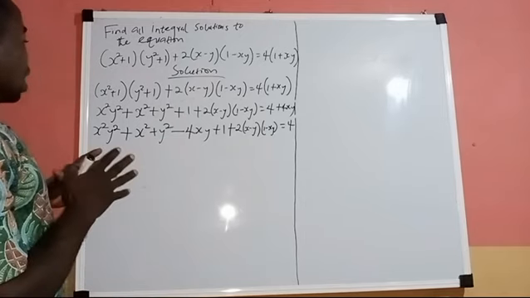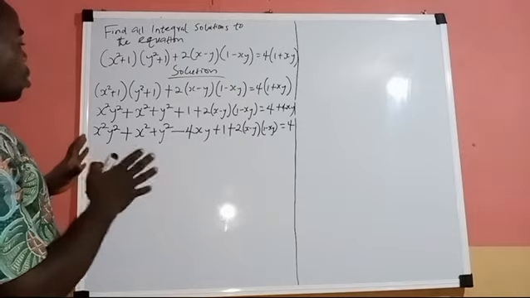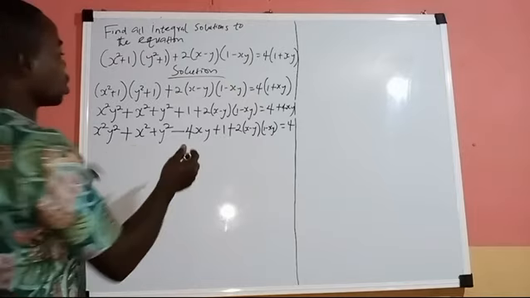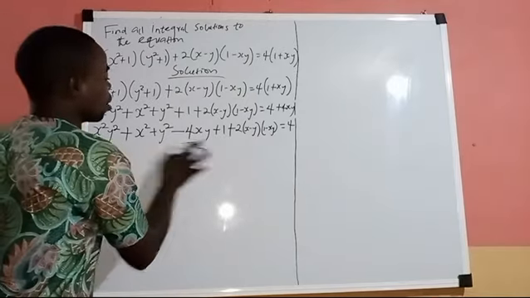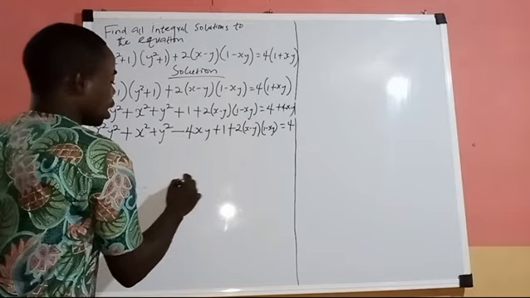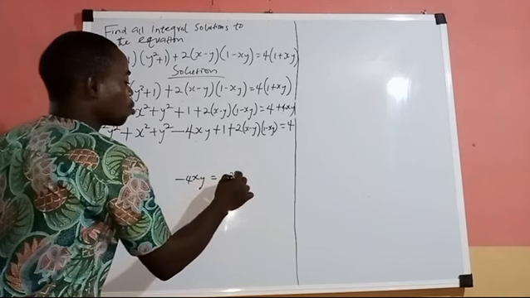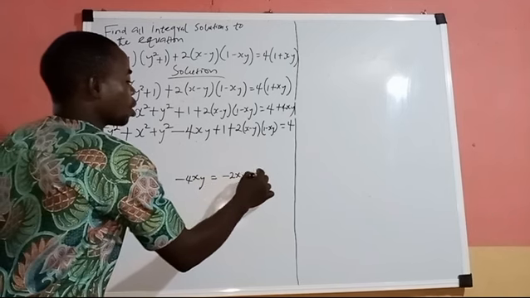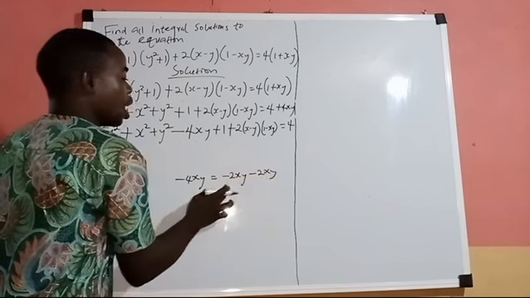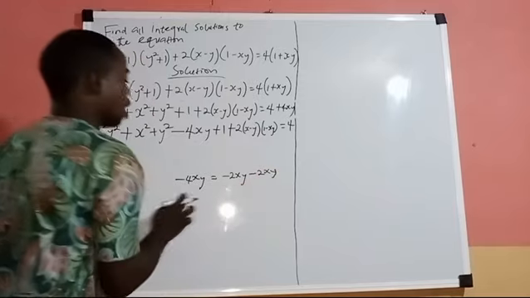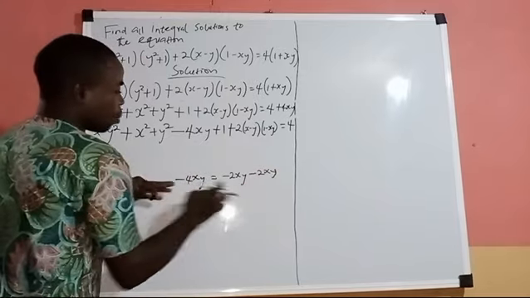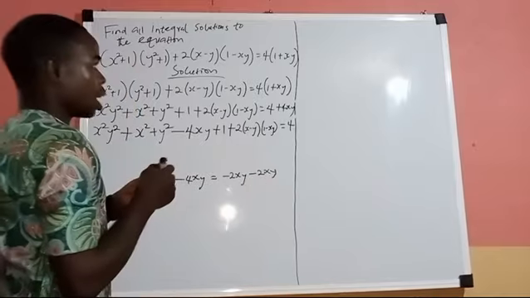And then because there's a pattern we want this to be, what we are going to do is split this term we are having here. Of course, you know that minus 4xy can be written as minus 2xy minus 2xy. If you add these two terms, we are going to have minus 4xy. So we are going to replace it with this term right here.